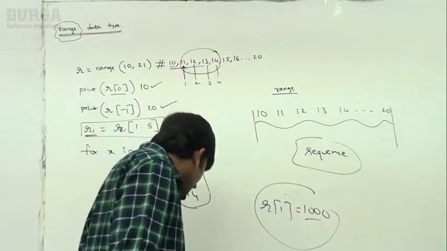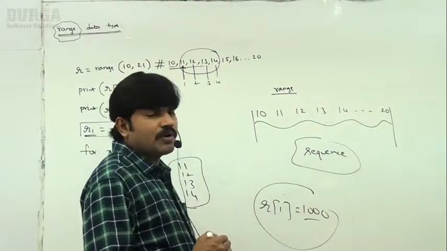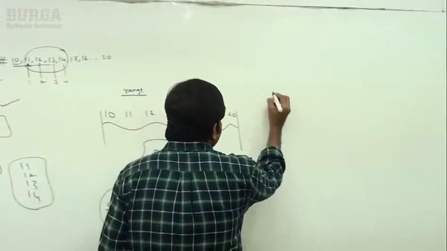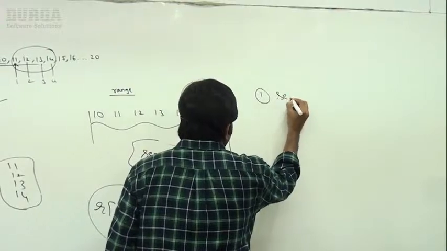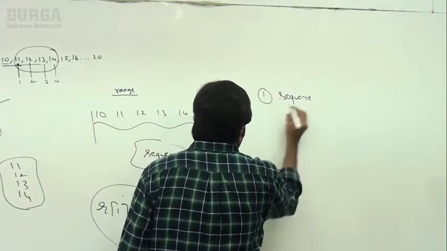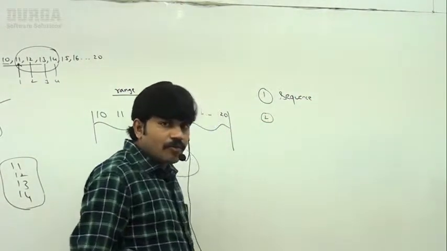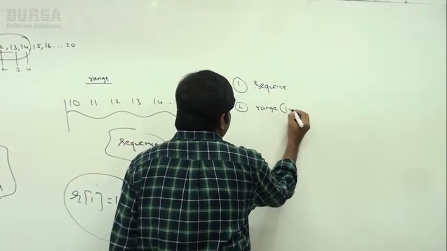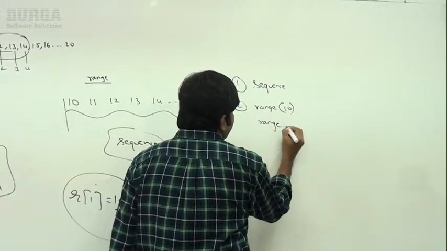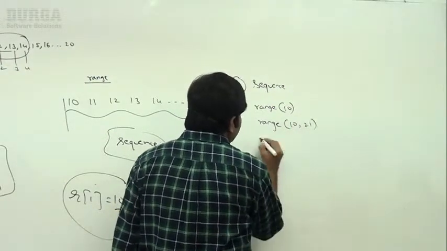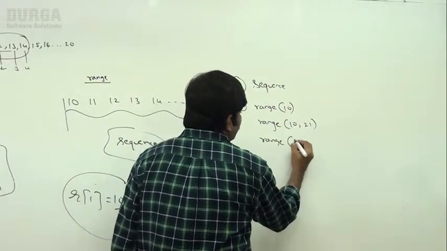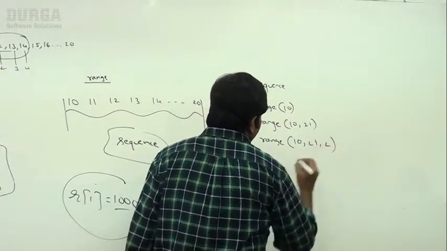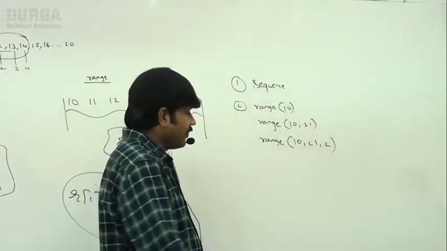Next, let me summarize the conclusions we have. If you want to represent a sequence of numbers, then we have to go for the range data type. How many forms of range data type are there? Range with one argument, range with two arguments, range with three arguments. So three forms are available.